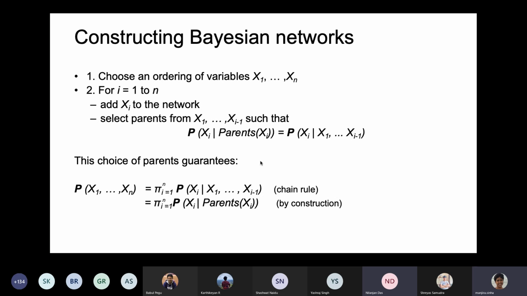We begin with x1 and the probability of x1. Now we bring in x2, so the joint probability of x1 and x2 is probability of x1 and probability of x2 given x1. Now we add x3 to the chain. The joint probability of x1, x2 and x3 becomes probability of x1 into probability of x2 given x1, and probability of x3 given x1 and x2.